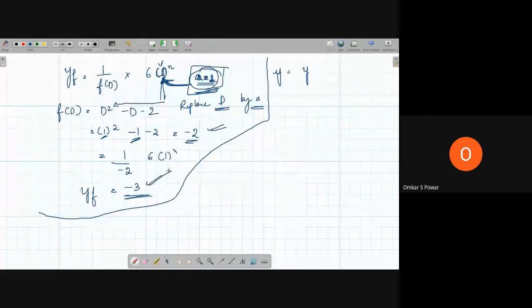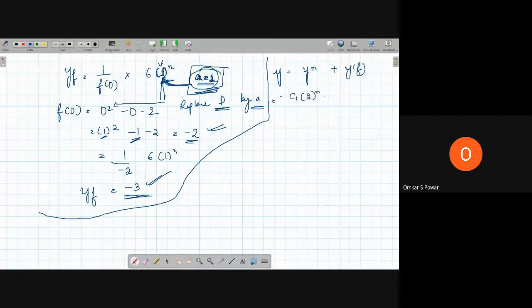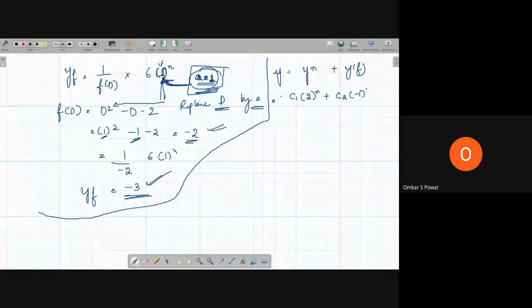Now let me write it. Total response is equal to natural response plus the forced response. What is your natural response? C1 2 to the power of n plus C2 minus 1 power n, then plus forced response minus 3. So this is your total response.